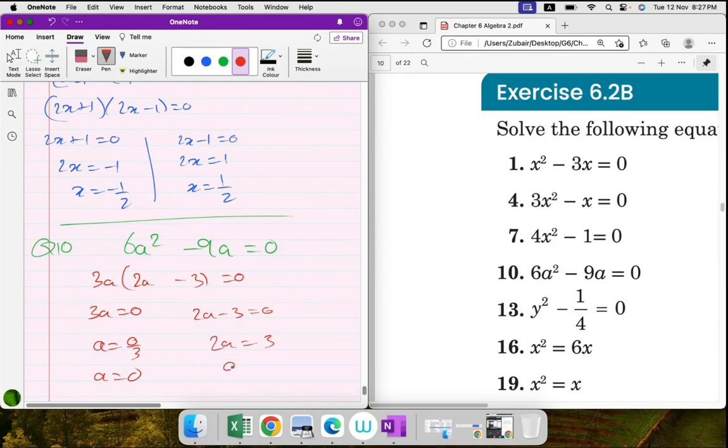So it will be a is equal to 0 and a is equal to 3 by 2. Correct.